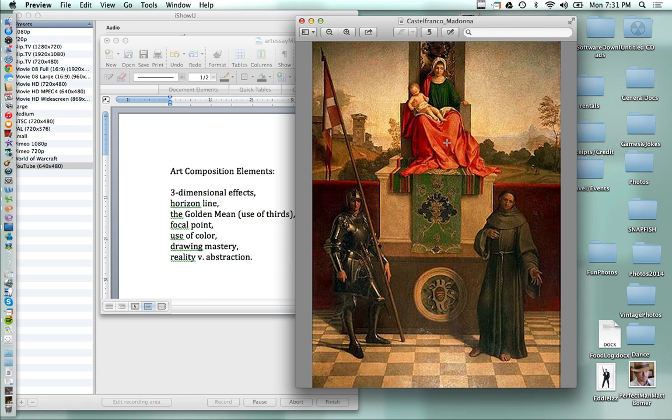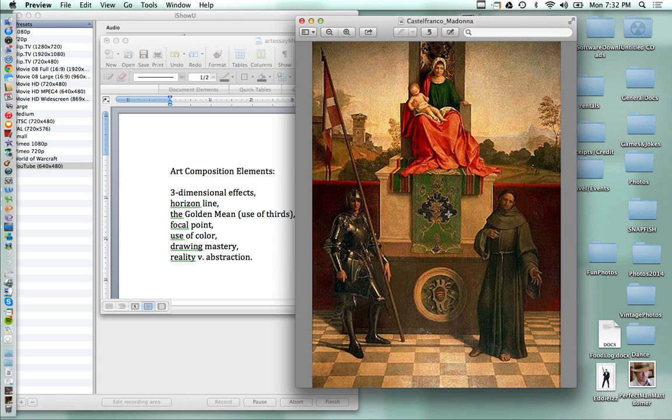Okay, so this line is a spear that is bringing the eye into the center of the painting so that the focal point here is noticeable. The focal point is heightened by this red color. This is Jesus and Mary on a throne, and there's sort of a cross here.